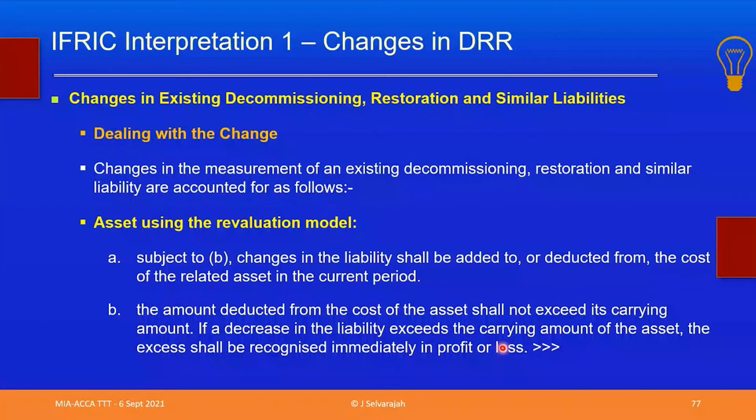Can you suddenly say, now I'm much lower, I'm going to reduce the amount by more than 1.56? Then that difference must go into P&L account. All right, it cannot be that because over the years you are depreciating, right? You are depreciating the asset. So that's why I say subject to B, the amount deducted shall not exceed the carrying amount.